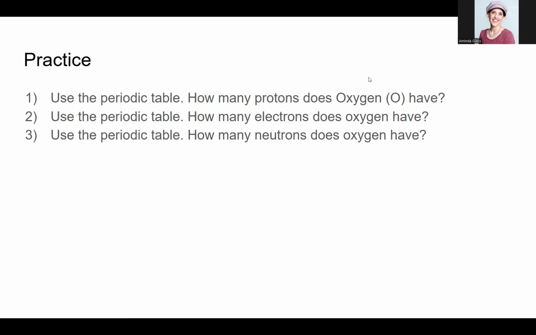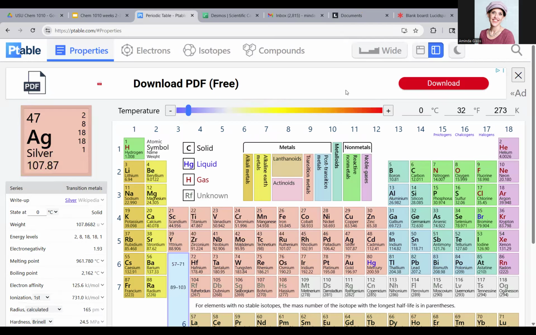I'm going to change so that we are looking at a periodic table so that you can see here. Now I've gone to oxygen. Oxygen has an atomic number of 8. So how many protons would that be if we're looking at oxygen?